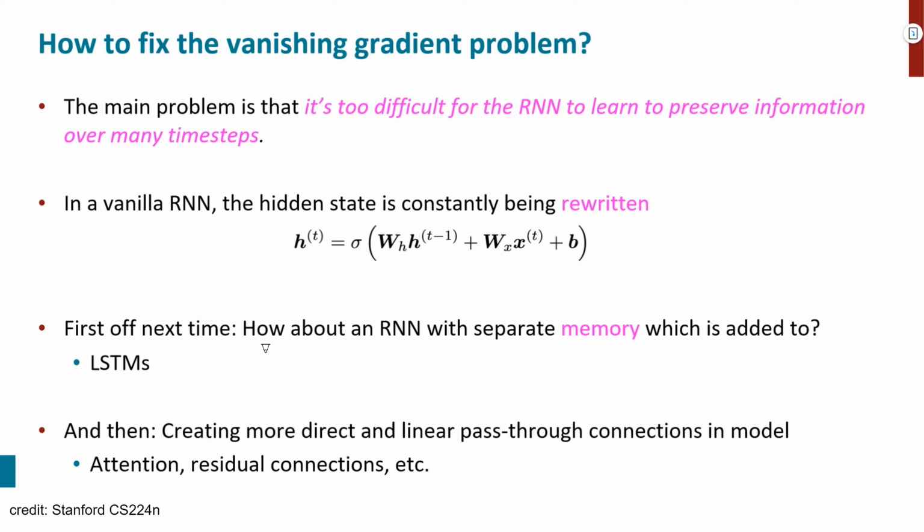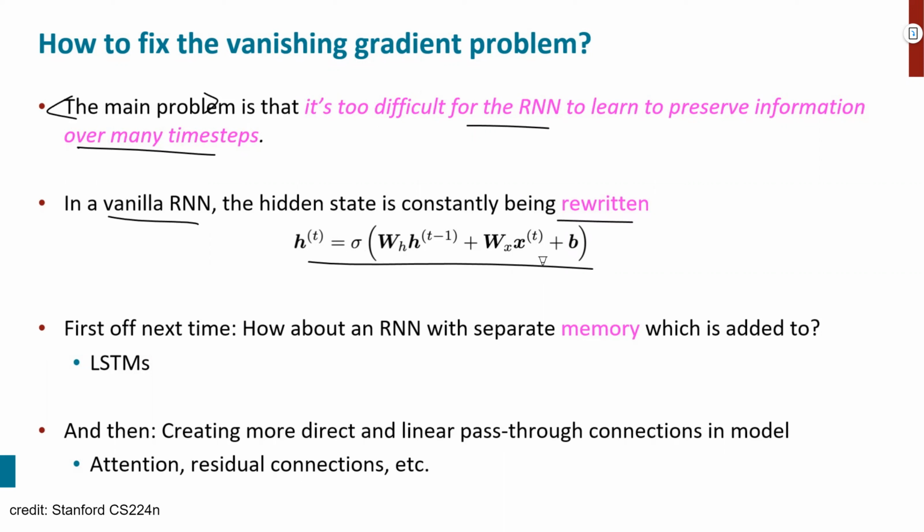And how are you going to fix the vanishing gradient problem? The main problem is that it's too difficult for the RNN to learn to preserve information over many time steps. And in a vanilla RNN, the hidden state is constantly being rewritten using this equation.